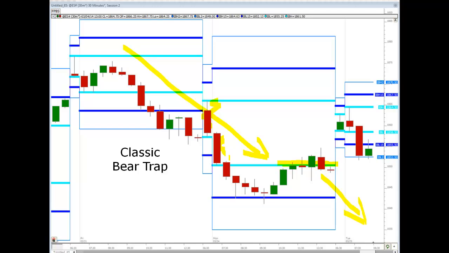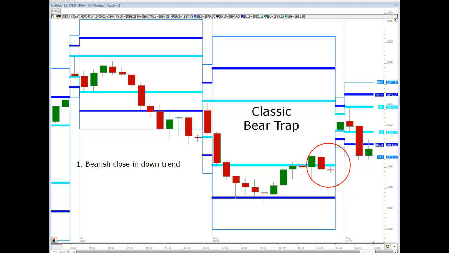Now, let's take a look together at what happens after this bearish close, or this classic bear trap, and I'll explain to you why it is such a big bear trap. Well, it is a bearish close in a downtrend, so it encourages some to get into the market with a short, and also price takes out the prior low of the candle.